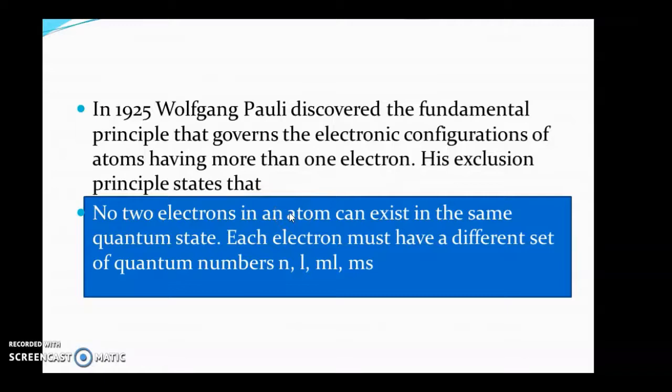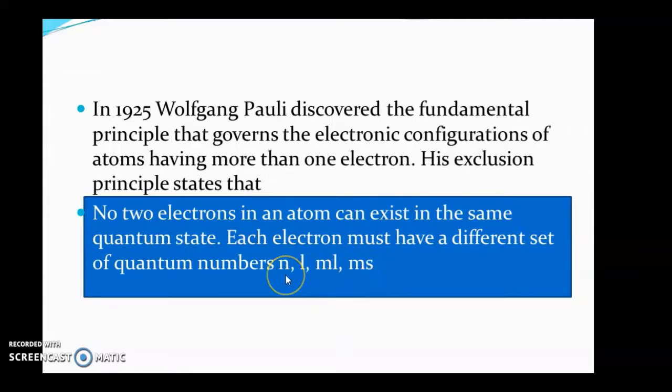According to this principle, no 2 electrons in an atom can exist in the same quantum state. Each electron must have a different set of numbers n, l, ml and ms.